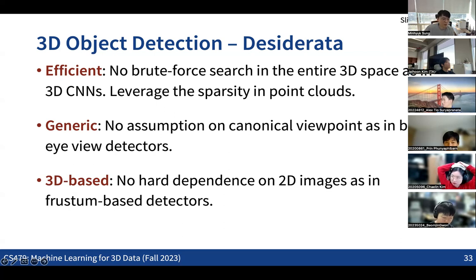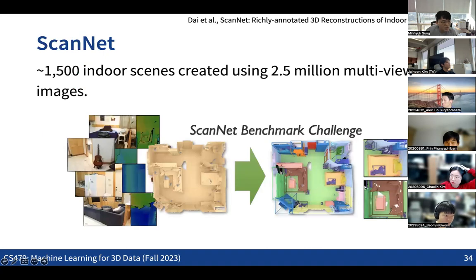And for that, once you make any kind of architecture for 3D object detection, obviously we need some benchmark to assess the quality of the segmentation. For 3D object detection and also segmentation, the very typical benchmark that many people use is ScanNet.